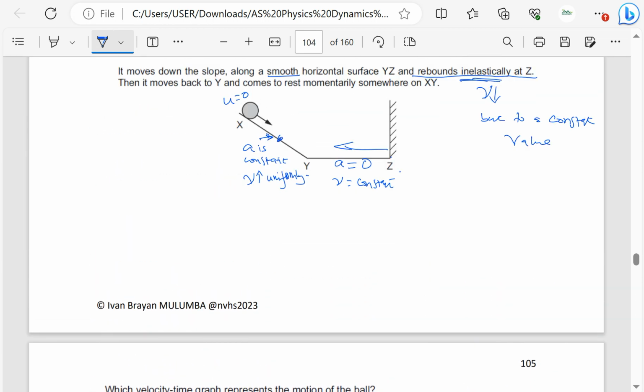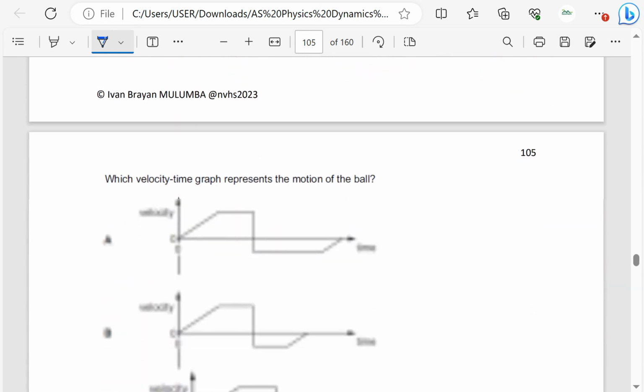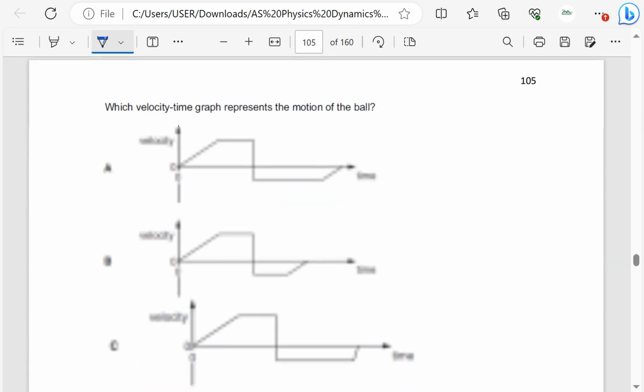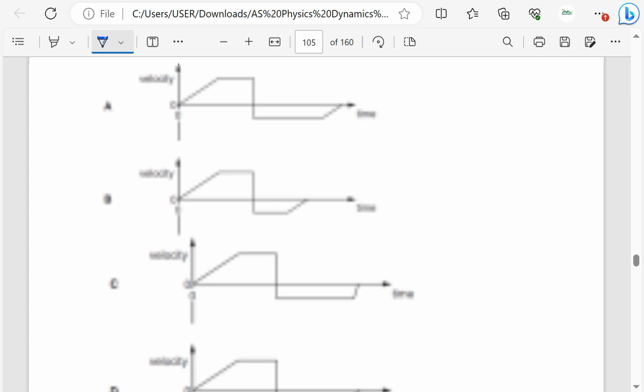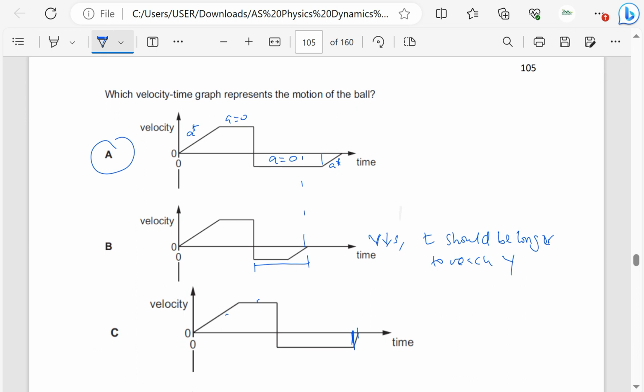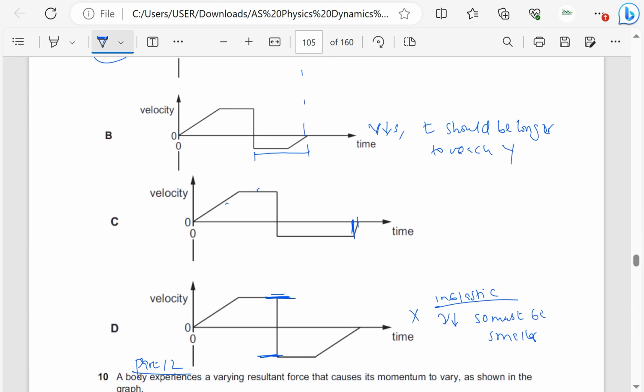That means the velocity does not rapidly go to zero. So that's why we could choose A rather than C, because C was showing that it almost comes to rest in a very short period of time, very close to Y, very rapidly.